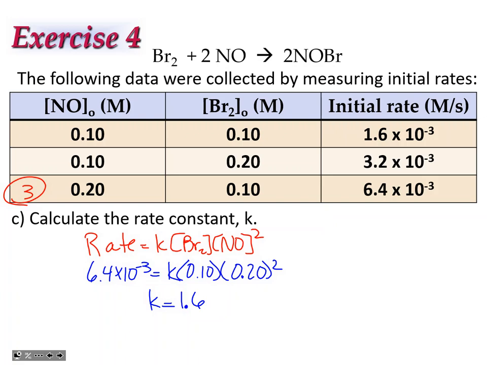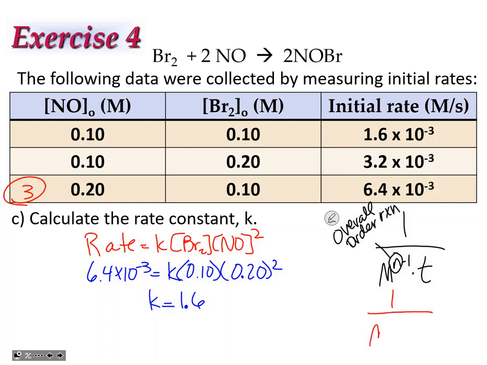Now, don't forget, anytime they ask you to do a K, units are important. They always make one of the points the units, which, I know, seems silly, but the easiest way to do the units instead of trying to plug everything in is to use the equation, right? 1 over M to the n minus 1 times the t, where n is that overall order of the reaction. So what was our overall order again that we figured out? 3.